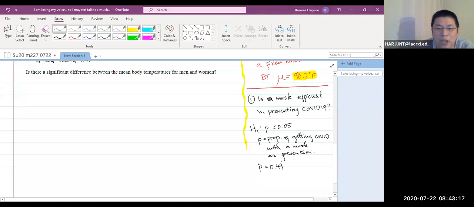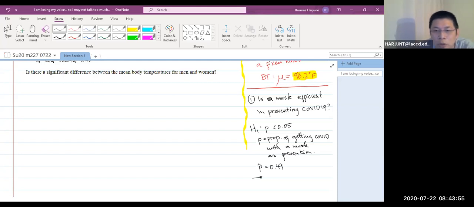0.49. And because the proportion, even though it's less than, is not too much less than, remember that for us to show a left tail or right tail or two tail, the alpha will be quite small. In other words, unless you have a significantly different, or in this case significantly less than 0.05, it is very unlikely you will reject the null hypothesis.